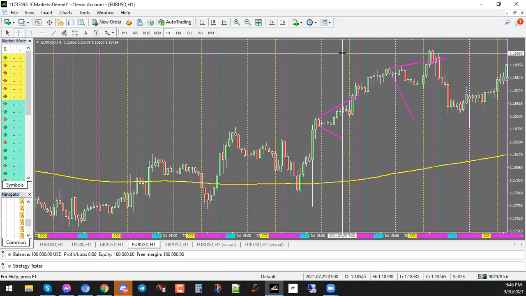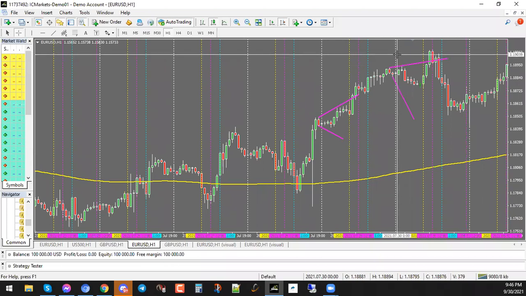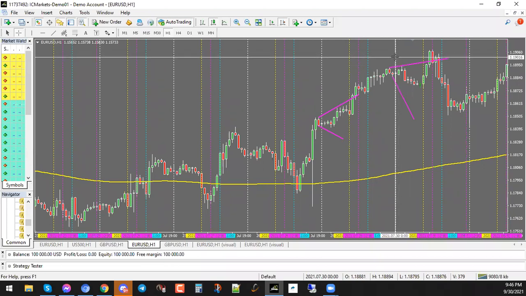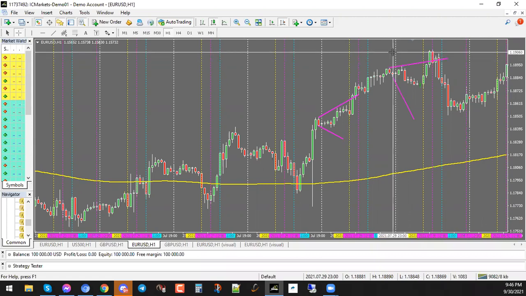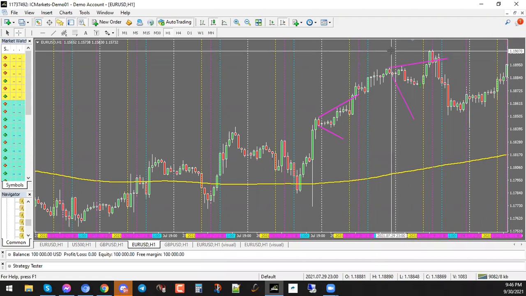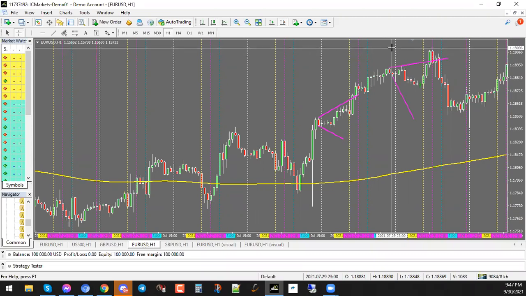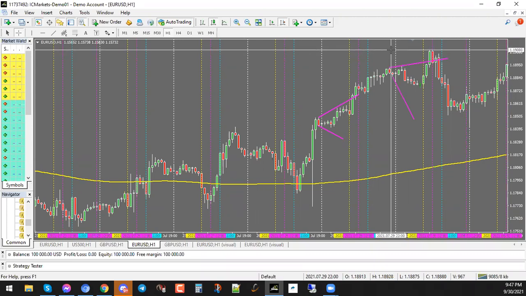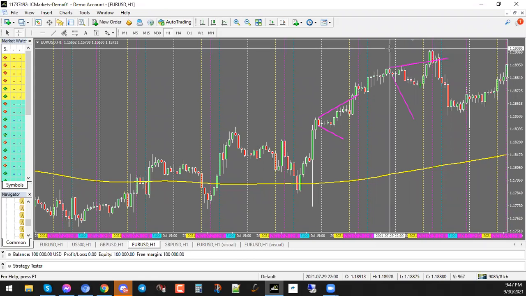Okay. So one of the most important things is to make sure that you know when to get out. A lot of us like getting into trades and holding them all the way into the next day. In most cases, it wouldn't work out. Unless you understand how the market is moving and what trend you're in, then you can decide if you're going to hold a trade and swing it.